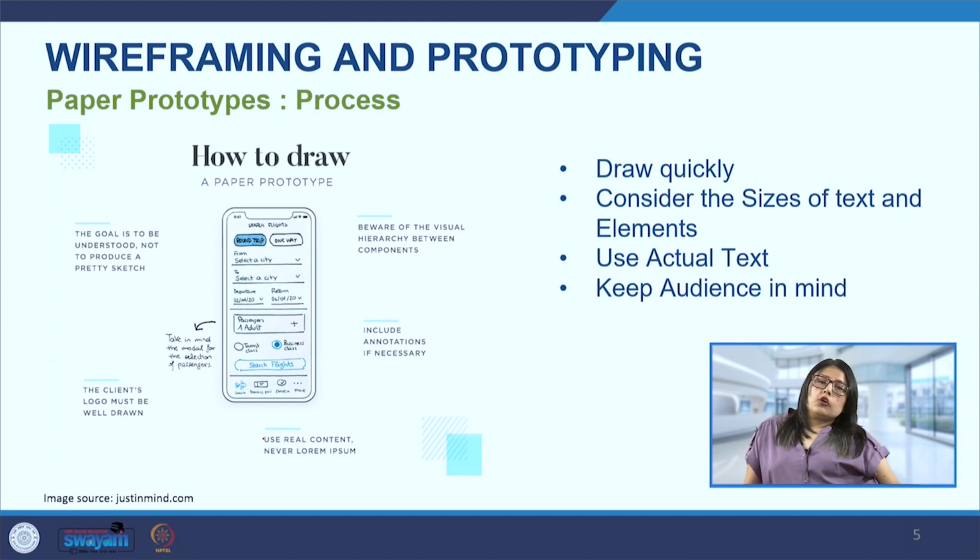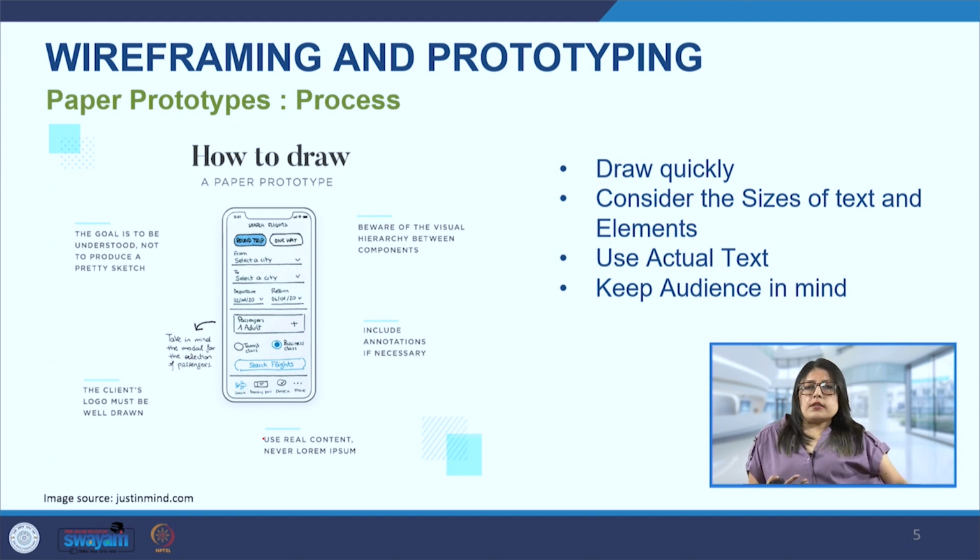If we have the logo, if it is a particular brand that we are creating the application for, then the logo should also be used, which is of a good quality and which is well drawn for the clients or the users to be able to see it. And also at this stage, we are trying that the user is able to understand the page that we are displaying in front of them, and we are not really concerned about how aesthetically pleasing it is looking at this point.